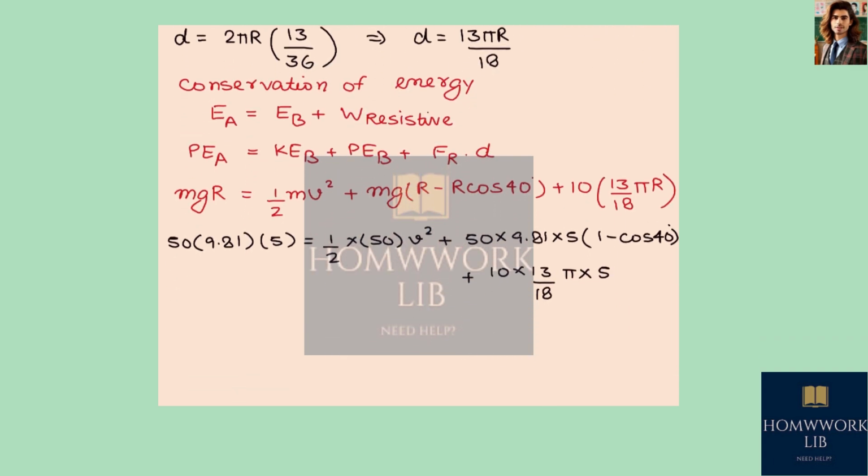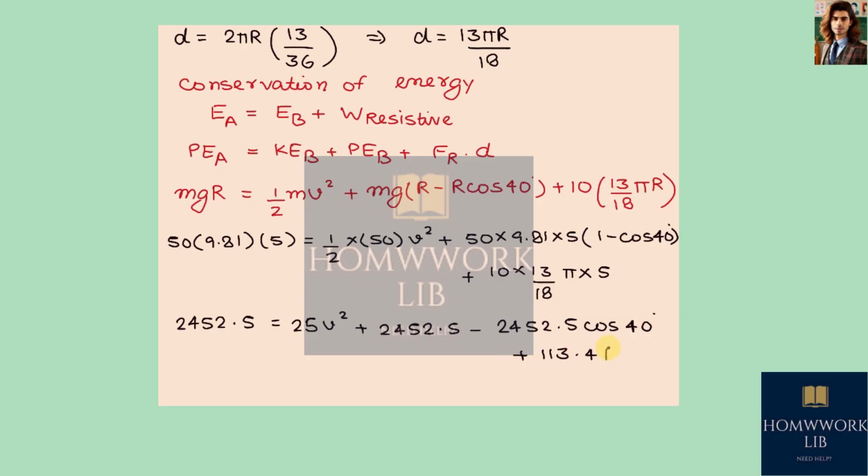So here we can further simplify this as 2452.5 is equal to 25 v square plus 2452.5 minus 2452.5 cos 40 degree plus 113.446.